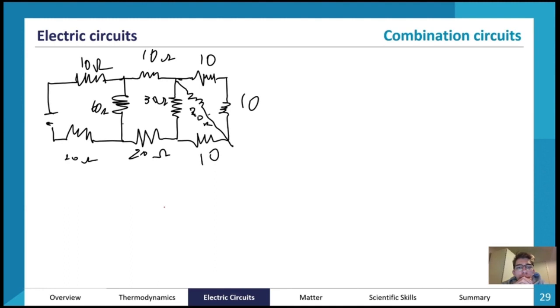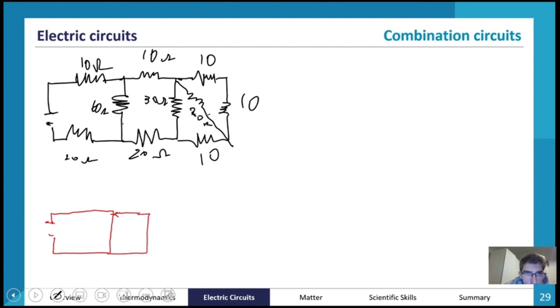What we have to do in this case is redraw the circuit, and it's going to look simpler. Now this will take a bit of time. My drawing won't be perfect. So up until here, everything makes sense.